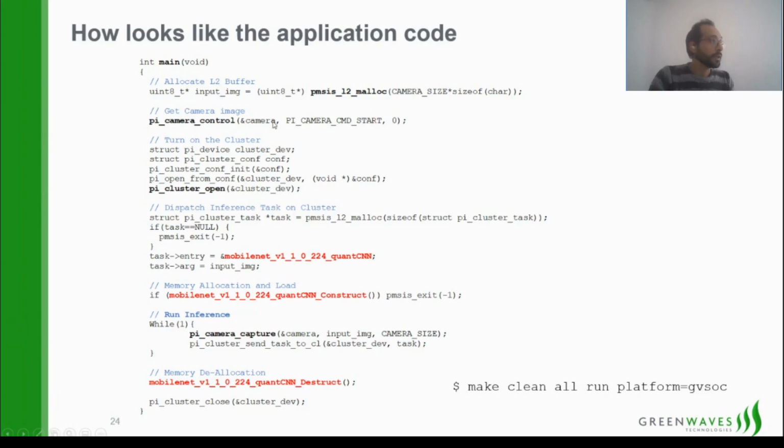We need to turn on the camera, then turn on the cluster, and we create a task which is dispatched to the cluster with the input image as argument, and the execution function, which is executed on the cluster. Then we call the construction, and then we do a loop which collects an image and calls the cluster, dispatching this image on the cluster.